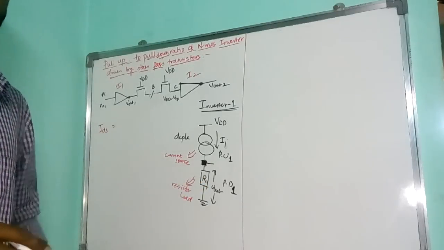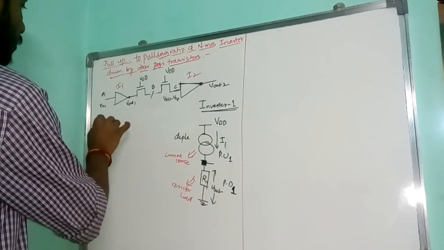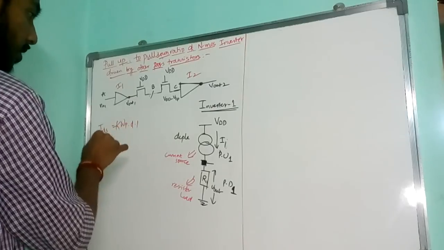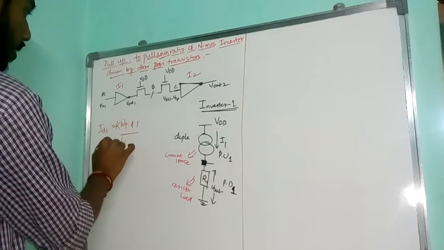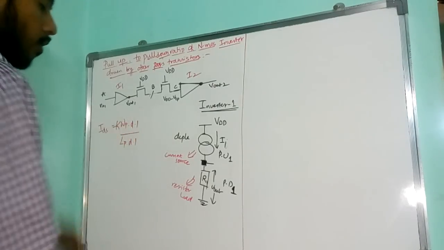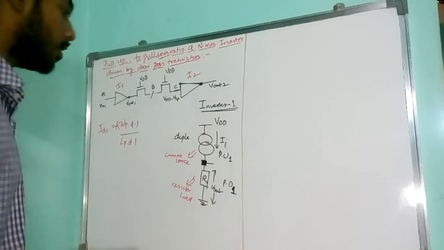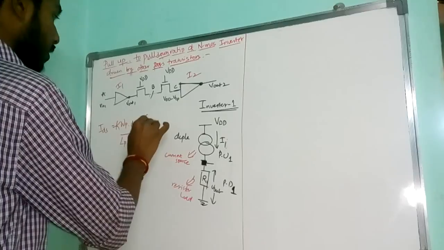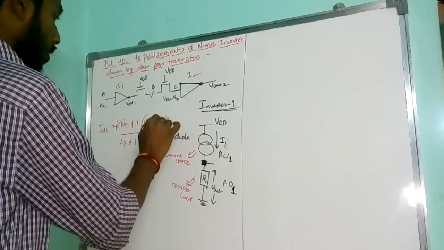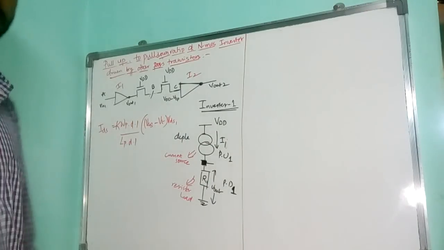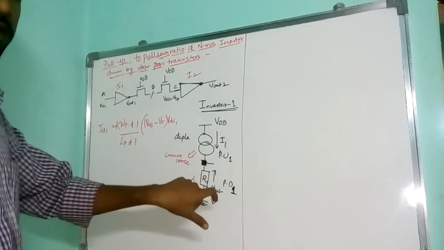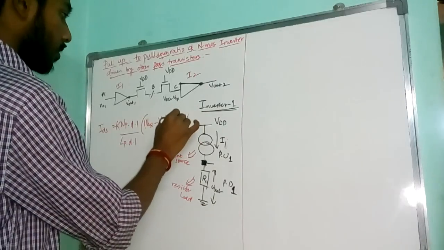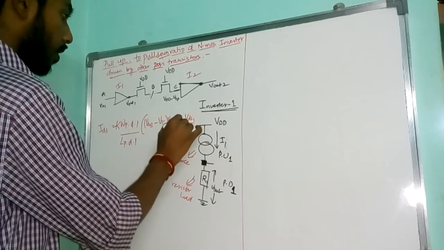So my current equation will be K times omega pull down of the first inverter by length of pull down transistor of the first inverter, into VGS minus VT into VDS1, where VDS1 is the drain source voltage of the first transistor, minus VDS1 by 2 whole square.